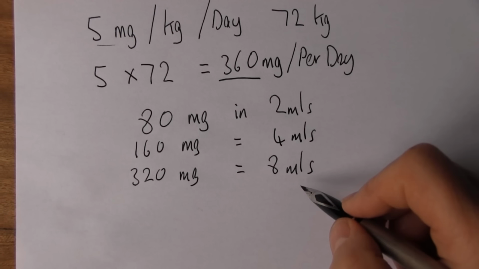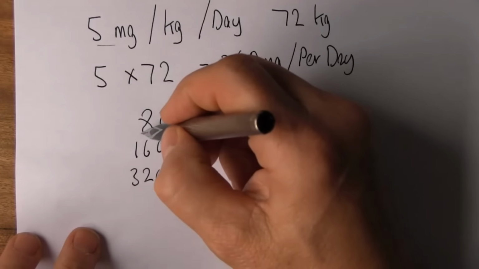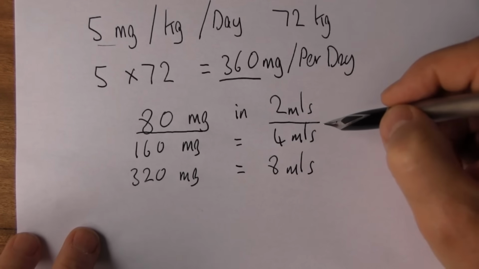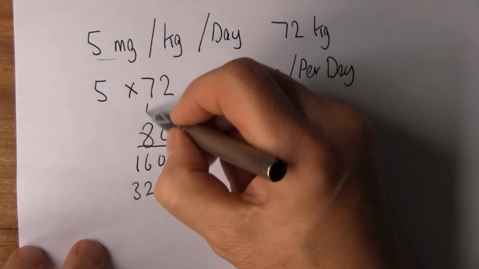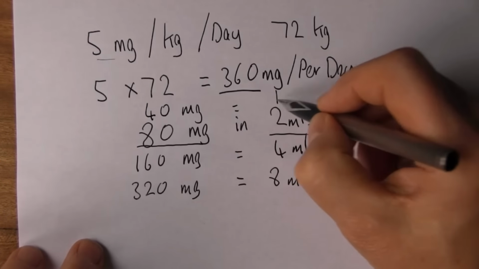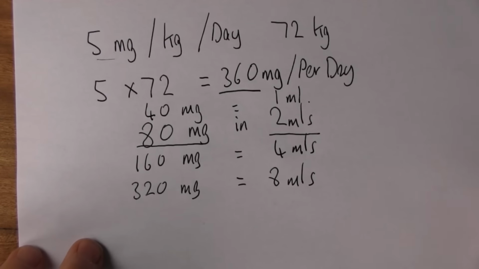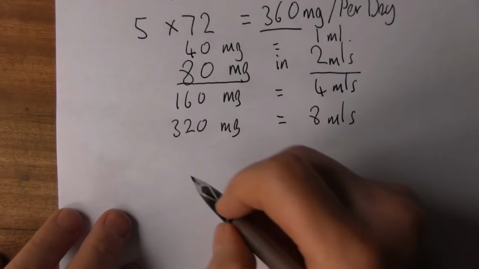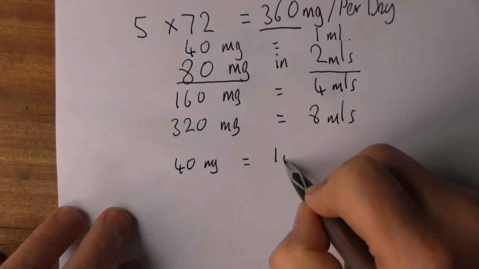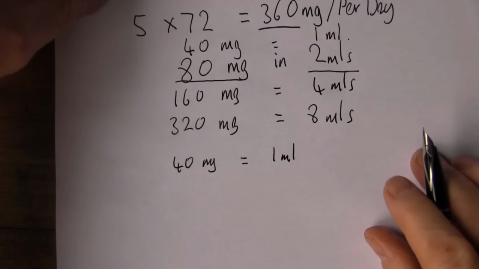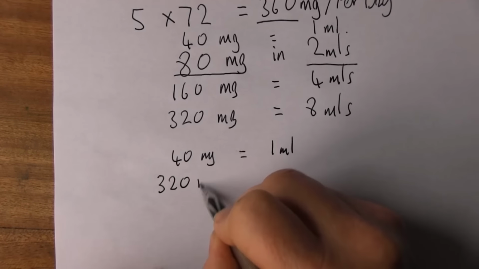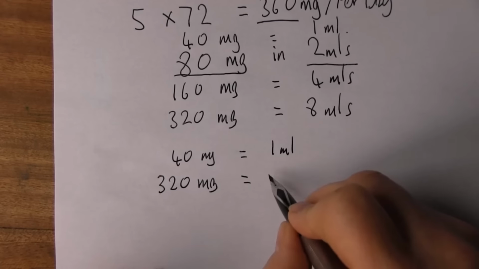So I think what I'll do is, we know there's 80 milligrams in 2 mils, that's the information we started out with. So can you see that means that 40 milligrams is going to equal 1 mil. And we also know from here that 320 milligrams is going to equal 8 mils.